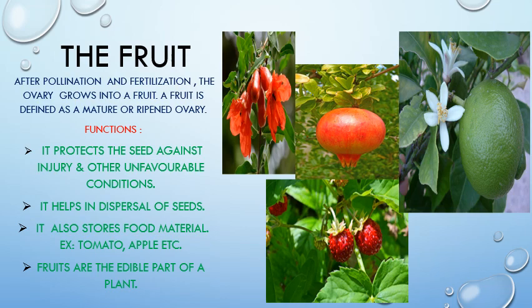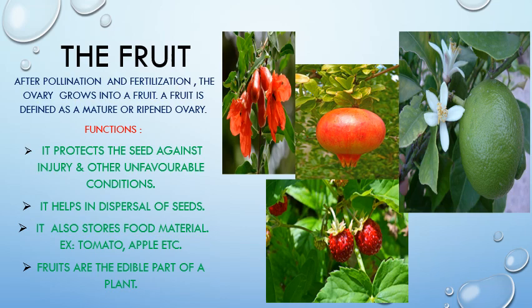So after this pollination and fertilization, which takes place inside the ovary, the ovary grows into a fruit, and the ovule grows into the seeds. So after fertilization and pollination, the ovary grows into a fruit, and a fruit is defined.